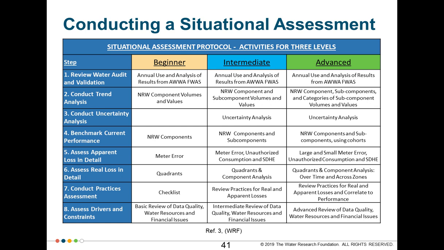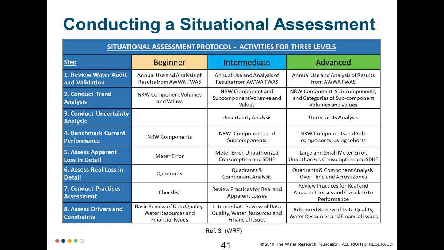In step 3, to apply principles of statistical confidence in the calculated NRW volumes and values, intermediate and advanced utilities will do well to perform an IWA uncertainty analysis. In step 4, benchmarking of a utility's current validated performance against that of other comparable utilities will be performed, with the depth of the comparison depending on the utility's designated assessment status.